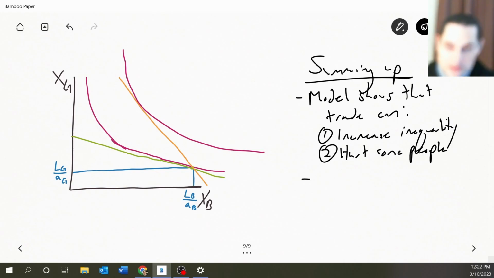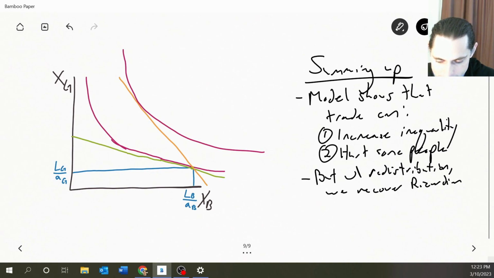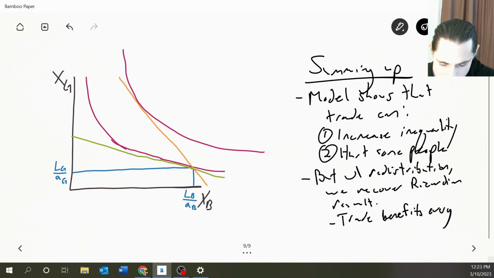It also shows, from this last little discussion, that with redistribution, we recover what I'll call the Ricardian result: trade benefits everyone, at least weakly, right?